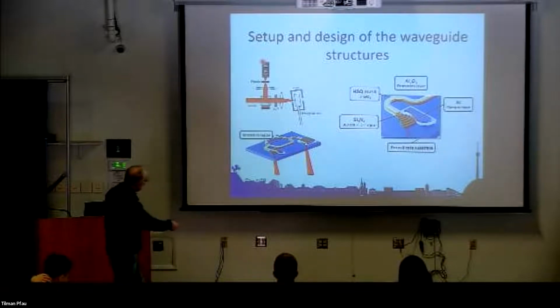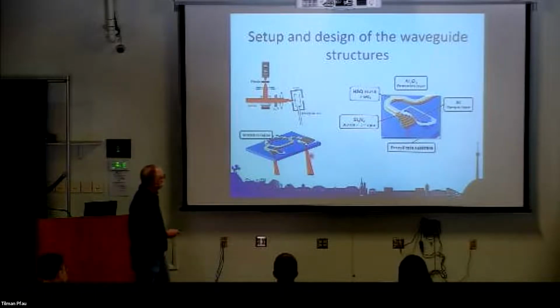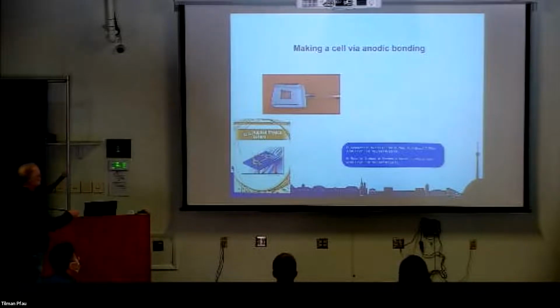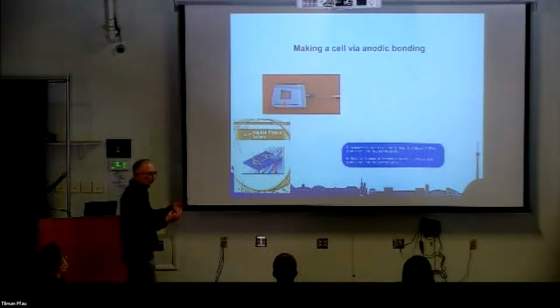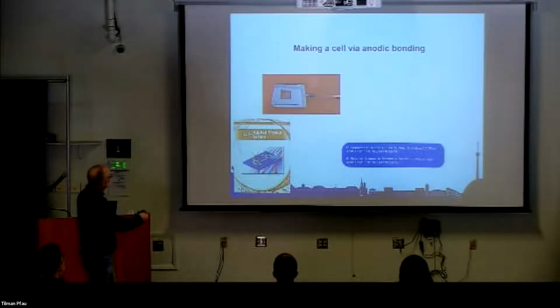Okay, so you couple in on one side, let's say here, go through your structure and couple out on the other side. So this is how such a cell looks like. This is one of these chips that we get from various partners that are making them for us. You see a little bit of rubidium here. This is metallic rubidium.